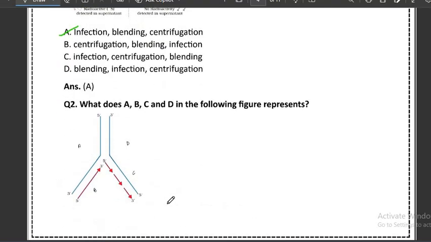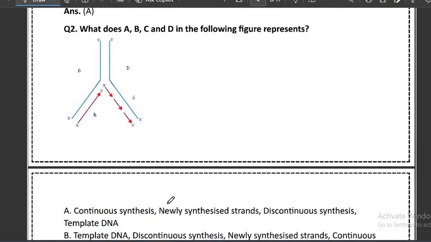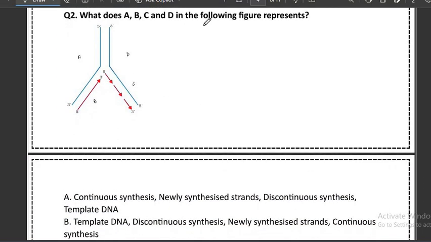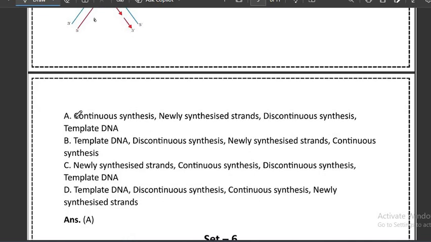Next question is, what do A, B, C, D in the following figure represent? A, continuous synthesized, newly synthesized strand, discontinuous synthesized, template DNA.